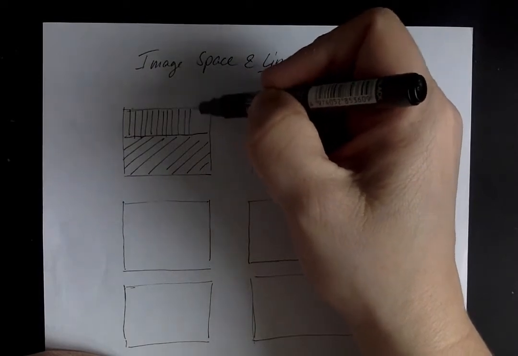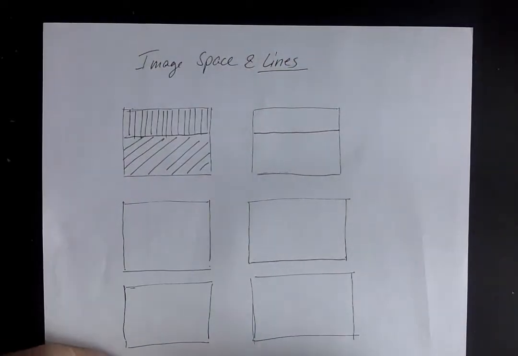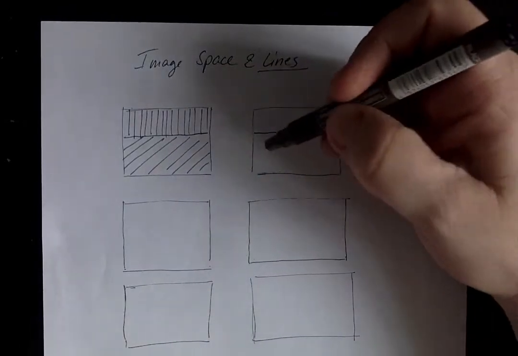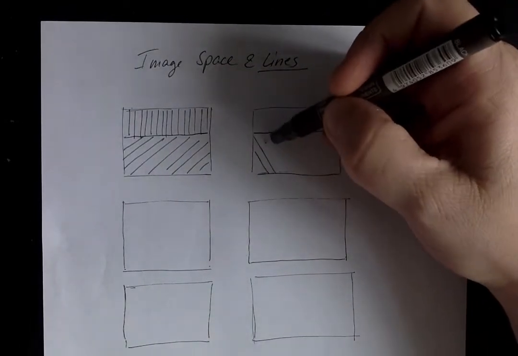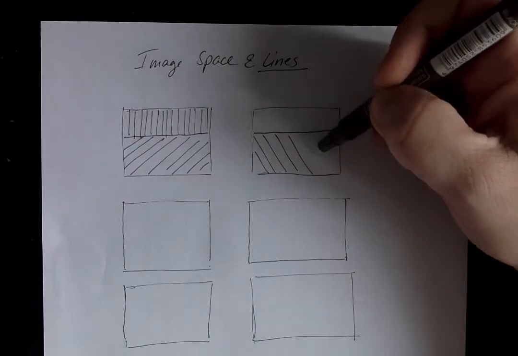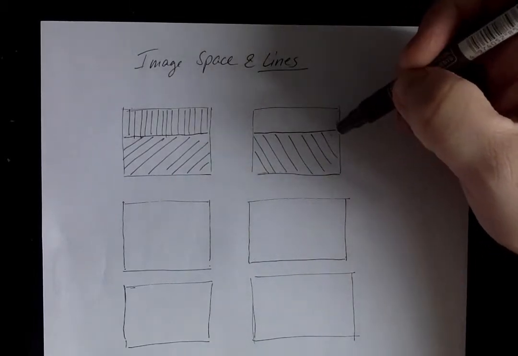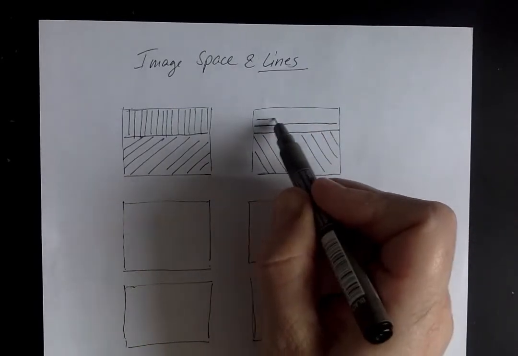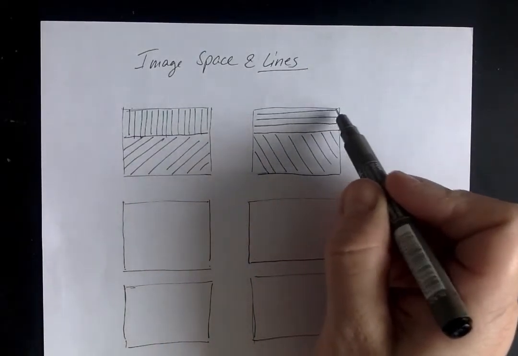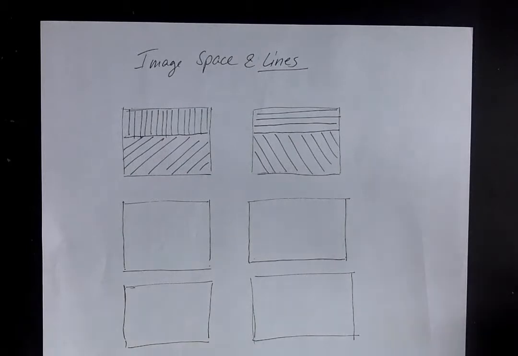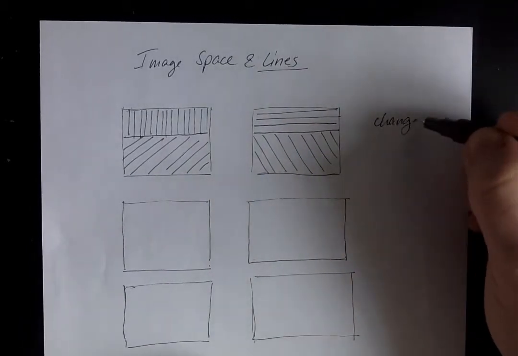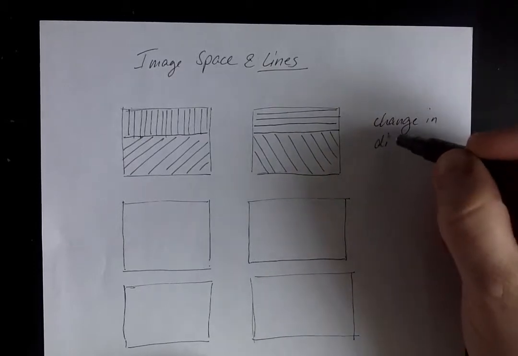Whatever direction you want, it needs to have a change in direction. So for example, you could also have your lines going like this, and the ones in the back like that. So this is the change in direction.